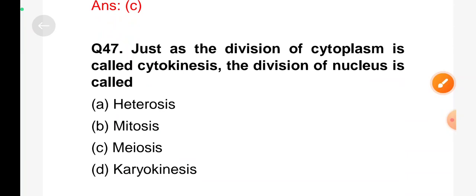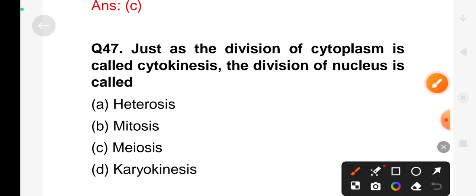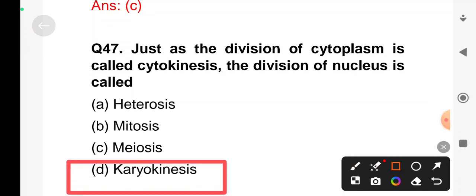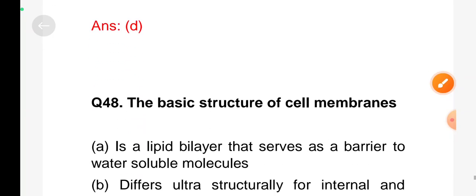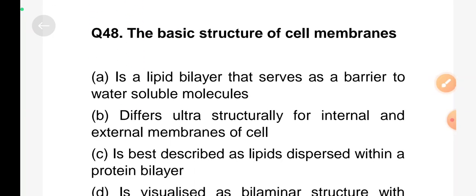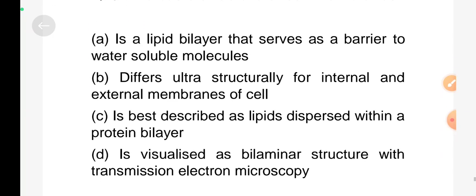Just as the division of cytoplasm is called cytokinesis, the division of nucleus is called option A heterosis, option B mitosis, option C meiosis, option D karyokinesis. Right option is option D. The basic structure of cell membrane, option A is a lipid bilayer that serves as a barrier to water soluble molecules.